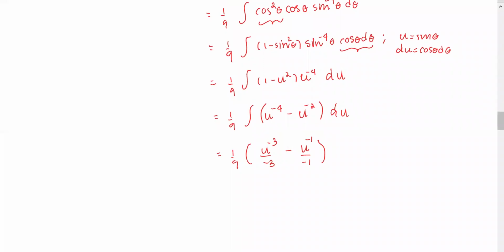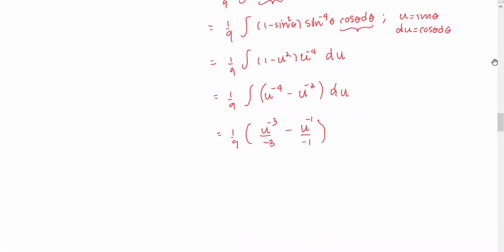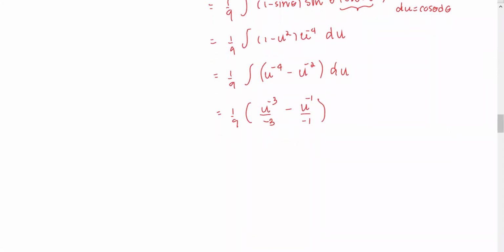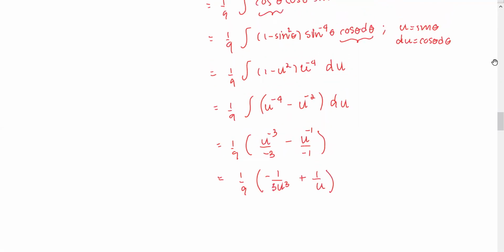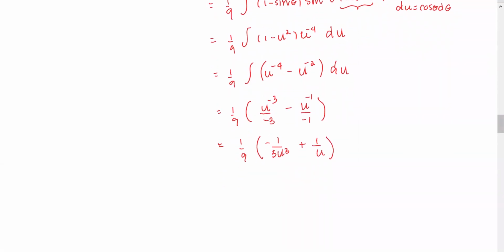And this is a definite integral. We're going to start putting back the substitution and back to the original lower and upper limits. Now we have 1 over 9 multiplied by negative 1 over 3 u to the third power plus 1 over u. And recall u is sine theta.